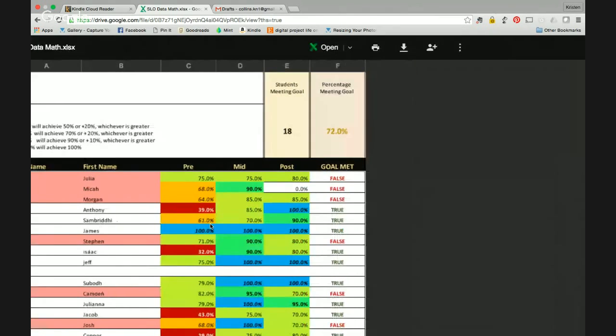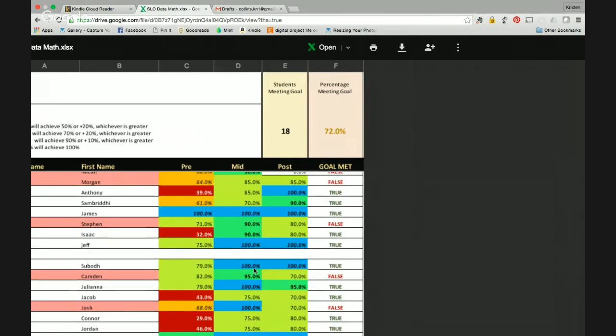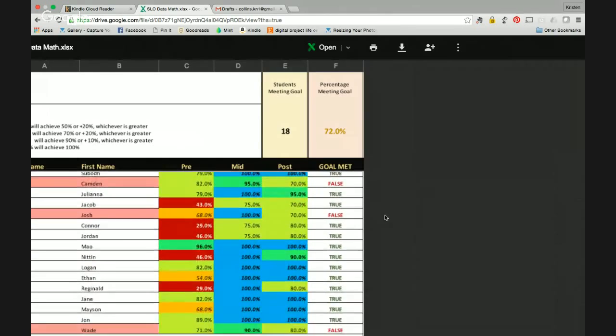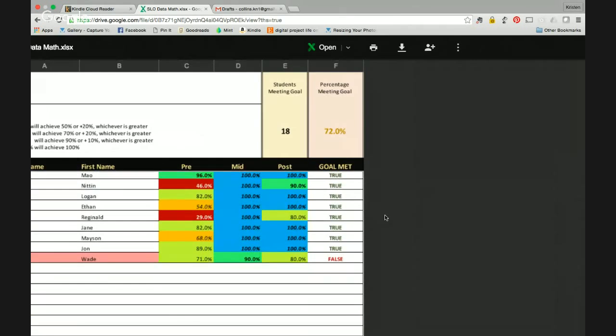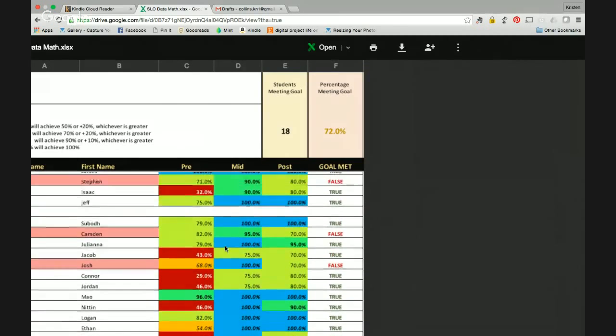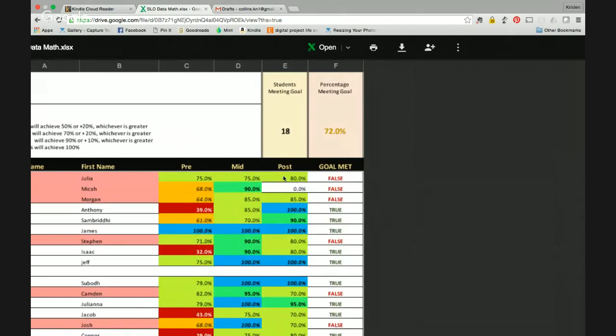So then when we look at the midpoint values, in general, we see a huge increase. All of these students here are now well within a passing grade range at this point. And then in the post-test, many of them stay around the same area, but we do see some students that have drops.